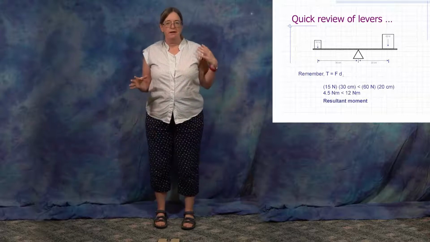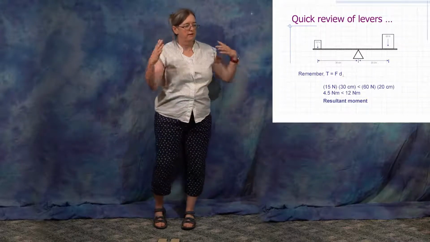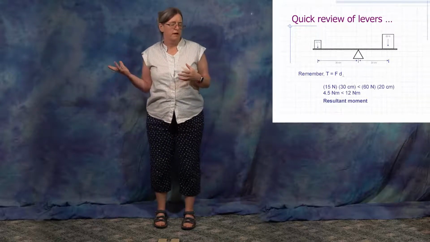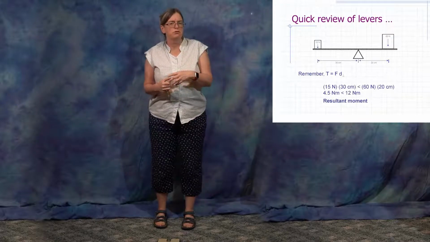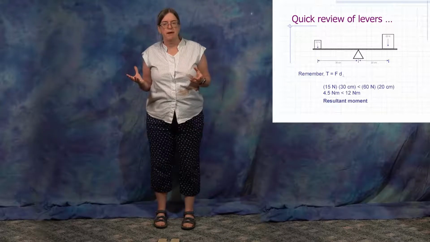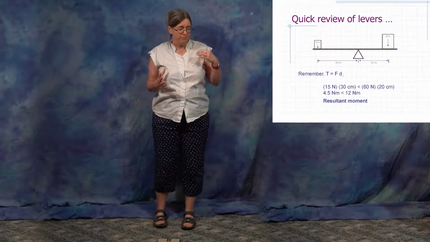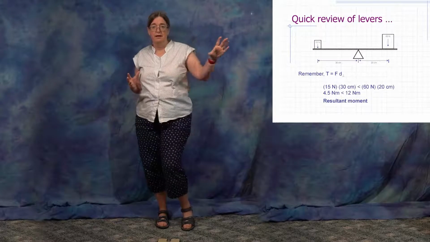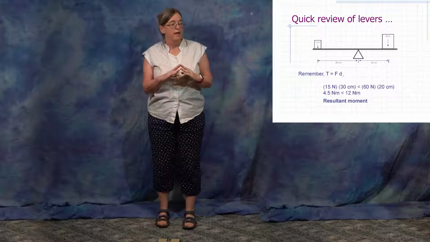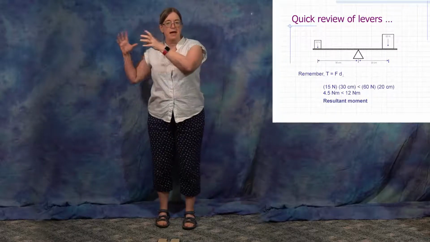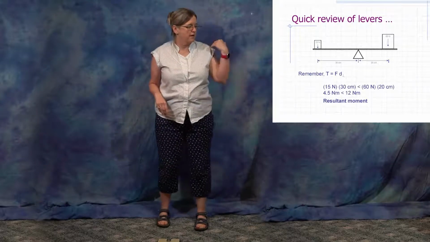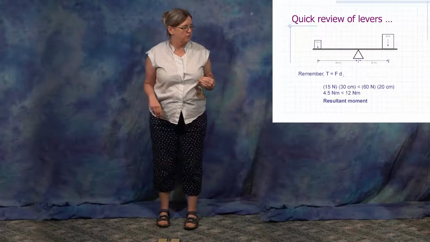So let's go back to how we actually calculate or conceptualize this. As I said with the spoon, it's not just that there's an equal amount of mass on either side of that balance point, because that's not what's happening. If you look here, we have a lovely first class lever. We've got the fulcrum, and we have a mass on one side of 60 newtons, and we have a mass on the other side of 15 newtons.